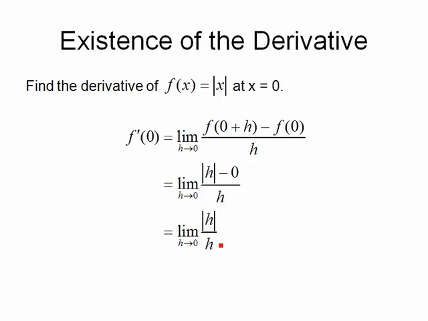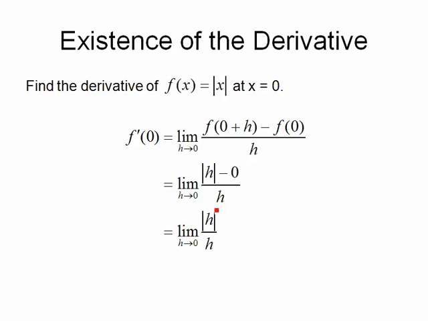Depending on how you approach h here, do you let h approach 0 from negative values or positive values? Well, if you let h approach 0 from positive values, so we're going to have a positive number inside of the absolute value divided by the same positive number, well, this fraction will come out to be 1.